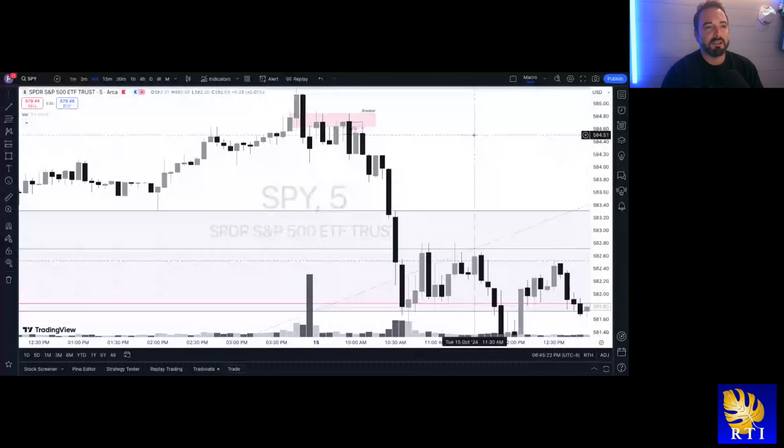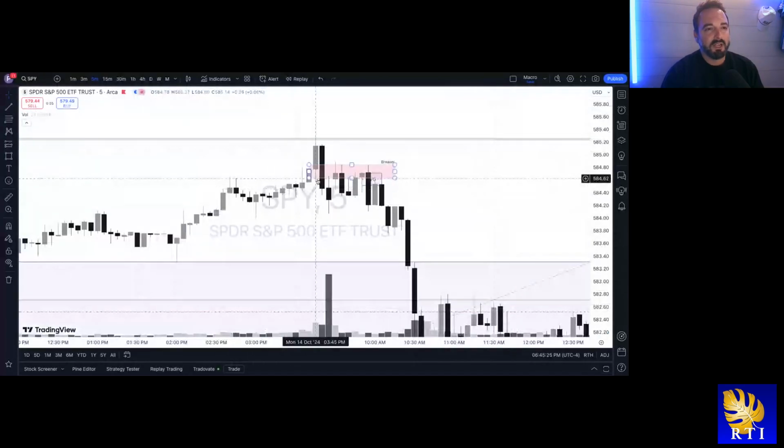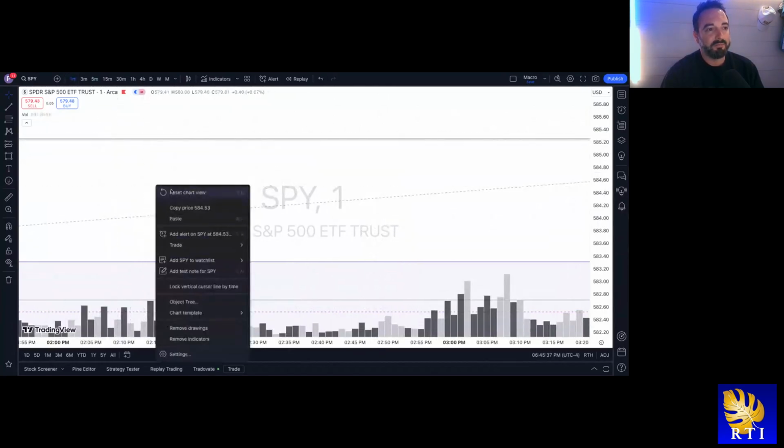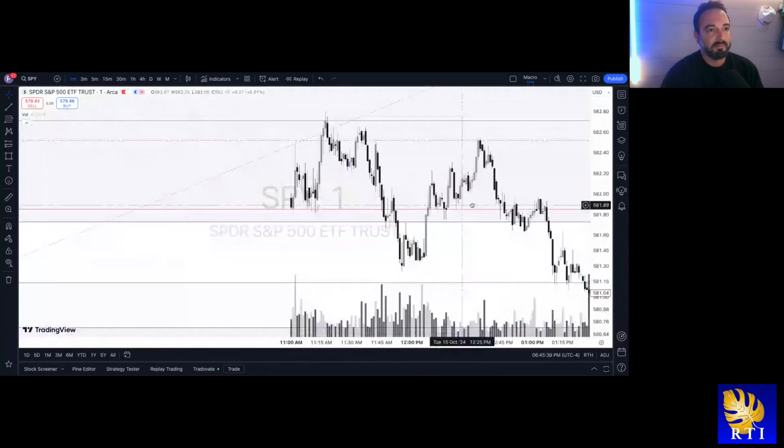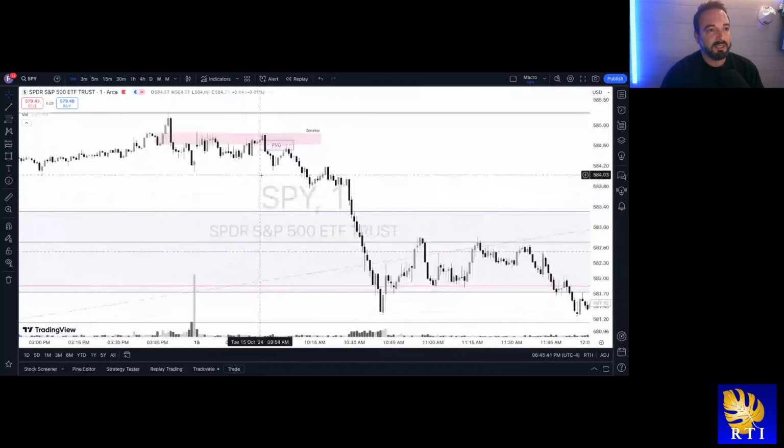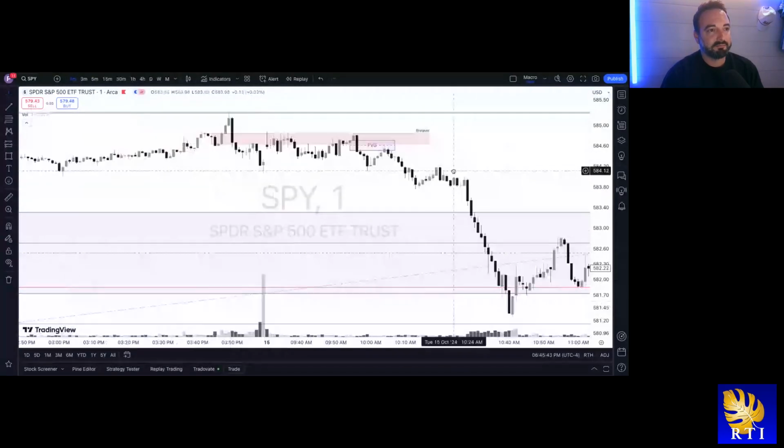I think I was watching the 5-minute, and I saw this reaction here. And I said, I bet it builds a breaker, and I bet that there's going to be a fair value gap. And if that happens, it's going to be a great entry for a short. And so what ended up happening? Exactly that.